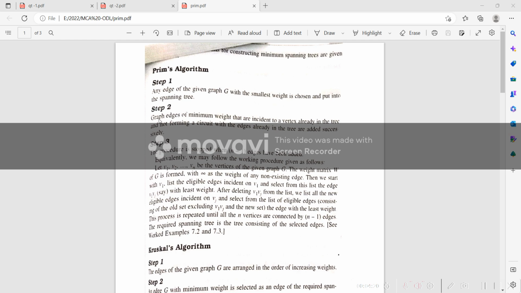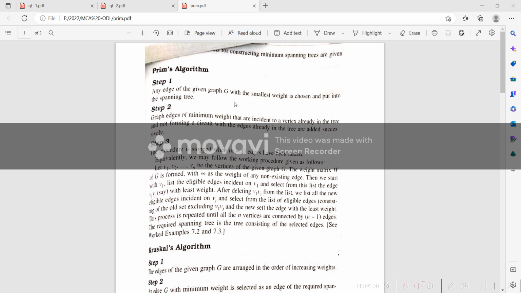spanning tree. Okay, and then in next step, step 2, edges of minimum weight that are incident to a vertex already in the tree. Okay, so already we selected one edge, so edges joining two vertices, so two vertices are available.